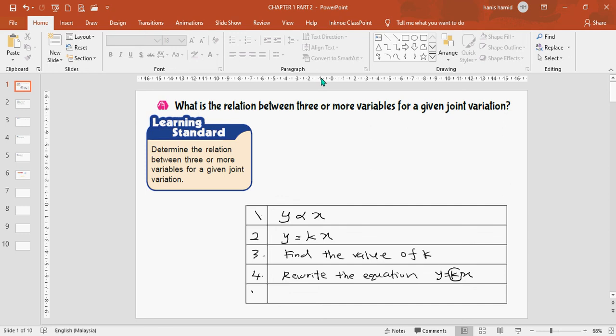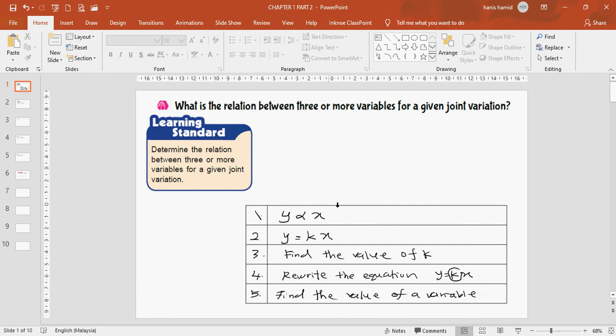And then the fifth step is you find the value of a variable based on the question. Maybe the question will ask you, find the value of x when y equals 3, or find the value of y when x equals 4. So these are the 5 steps that you already know in solving questions involving joint variation.